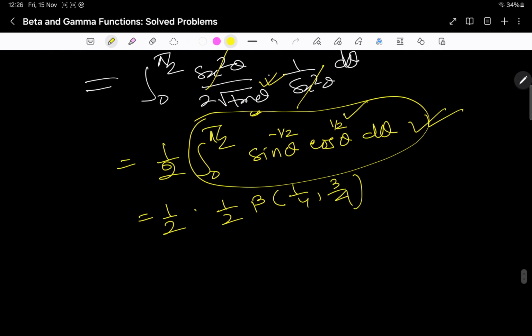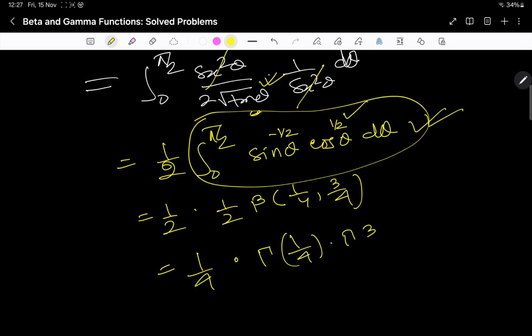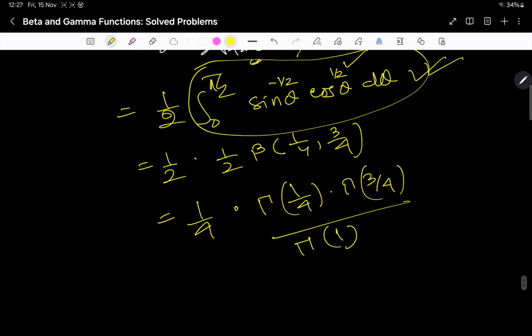Already I have told you beta, so this will be 1 by 4. You convert it to gamma 1 by 4 into gamma 3 by 4 divided by gamma of m plus n, which is 1.